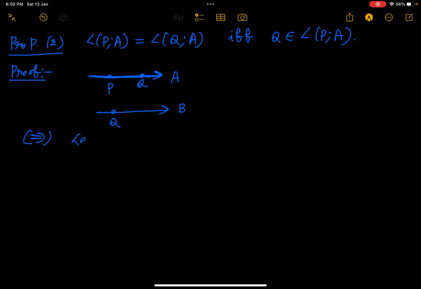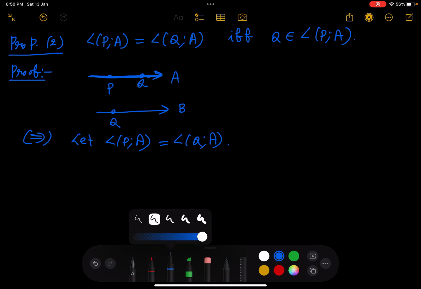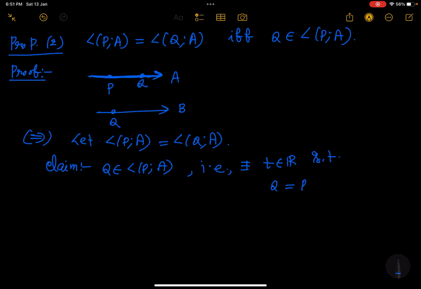Let L of P comma A equal L of Q comma A. We want to prove that Q belongs to L of P comma A, that is, there exists some T in the set of real numbers such that Q equals P plus TA.